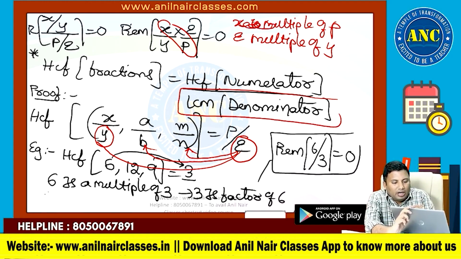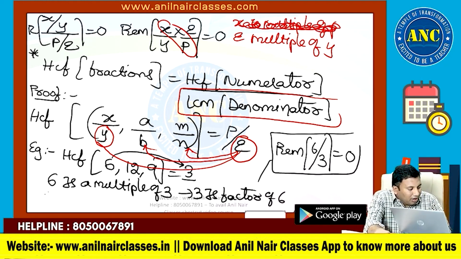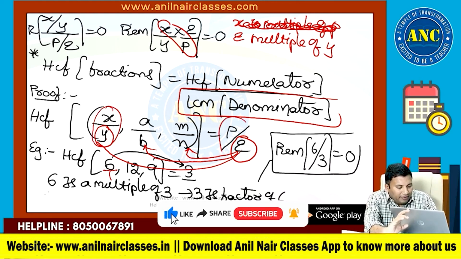Let us take only one thing, where q is a multiple of y. Again I am explaining: HCF of 6, 12 and 9 is 3. That means 6 is a multiple of 3, so 6 divided by 3, remainder is 0. Taking this example, if I write 6 as 6 by 1, x by y divided by p by q is 0.